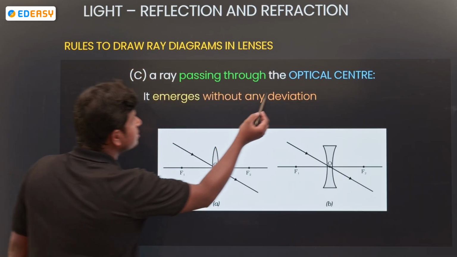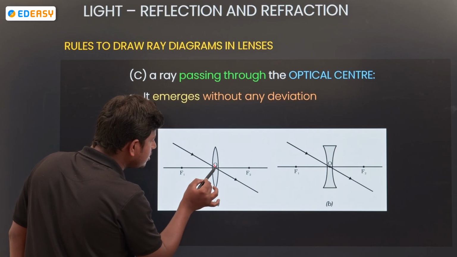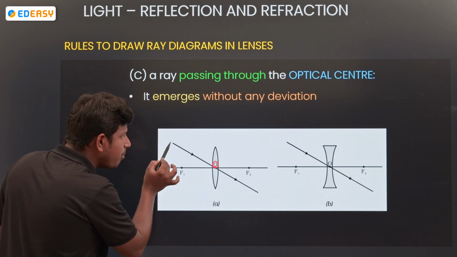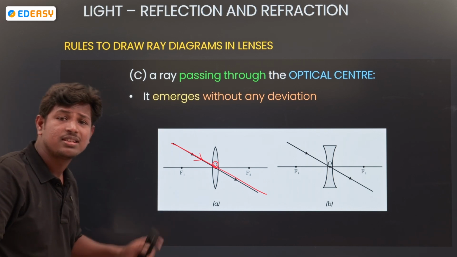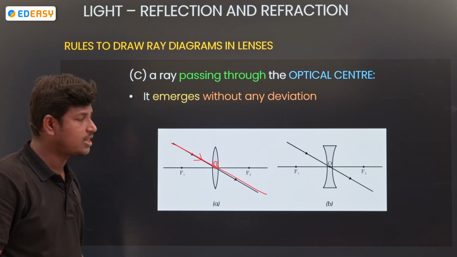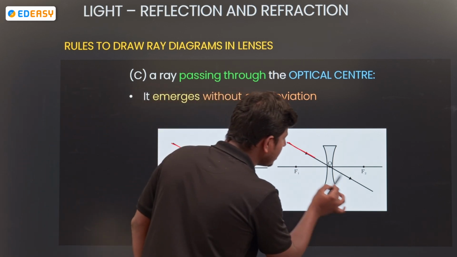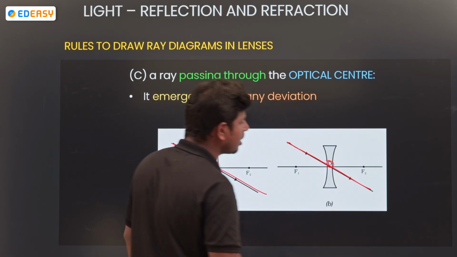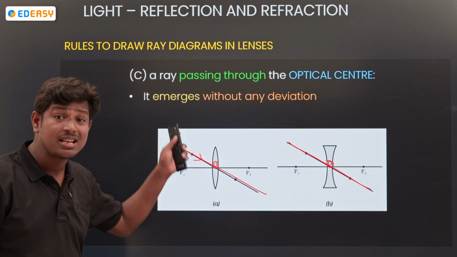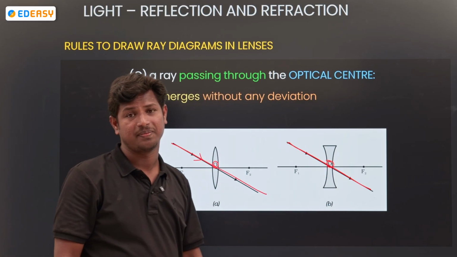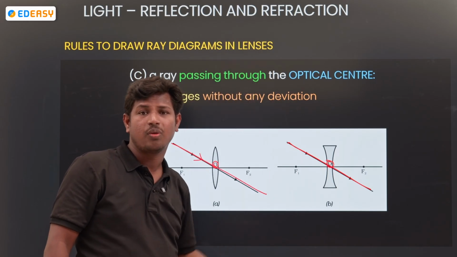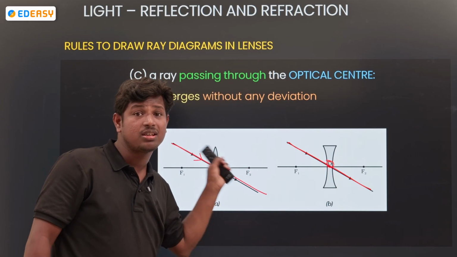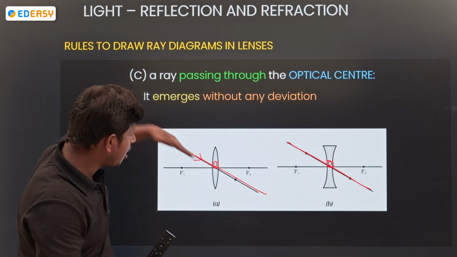Next, passing through the optical center. See, this is the optical center of the lens. No deviation takes place. Whatever the ray, when passing through the optical center, there is no deviation. In a plane mirror it is the same idea: passing through the normal, it is reflected back at 180 degrees. Here there is no deviation if passing through the optical center.